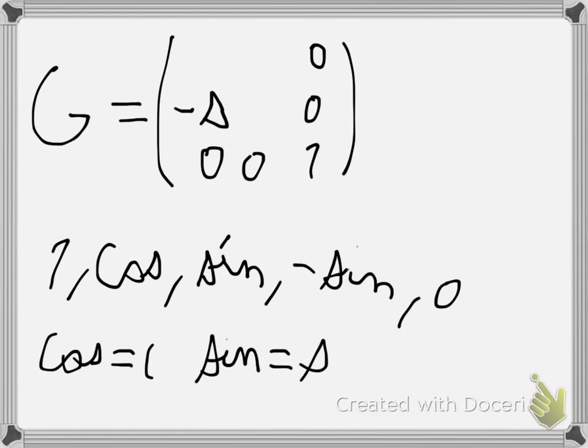So here we rotate around the z-axis, so there will be a 1 in the z component. Okay, and the ones are always put on the diagonal.